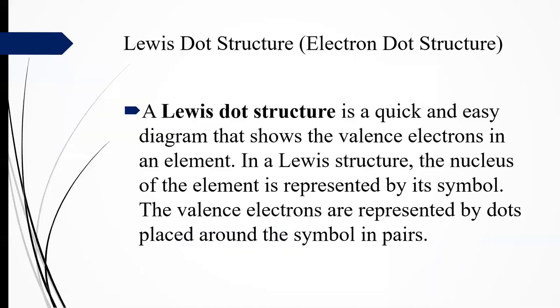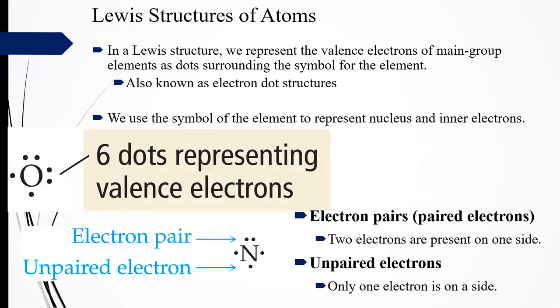So a Lewis dot diagram is a quick and easy diagram for us to show the valence electrons in an element. In a Lewis structure, the nucleus of the element is represented by its symbol, and then the valence electrons are represented by dots around it. There are a couple of terms we're going to clarify. An electron pair is when two electrons are on one side of the symbol, like this electron pair up on the top for our nitrogen.